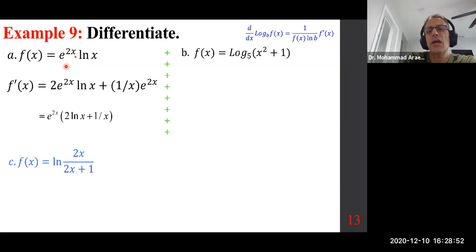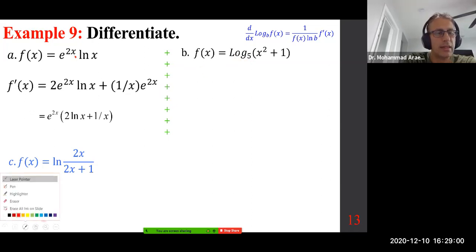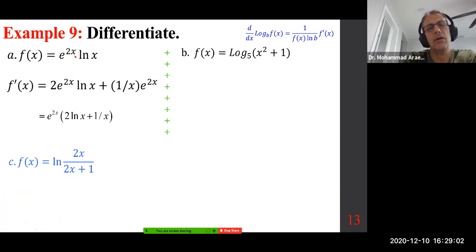When the base is not e, you tag along 1 over natural log of that because of the change of base formula. Okay, just remember that log of x with base b is ln x over ln b.